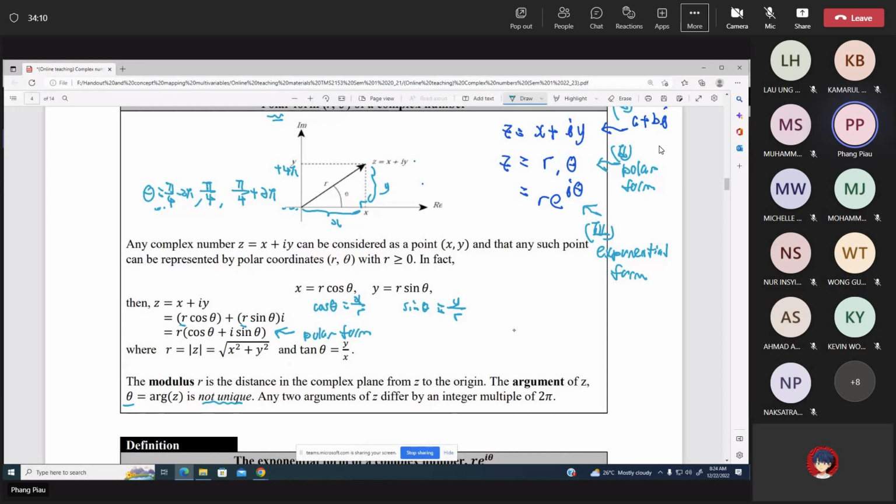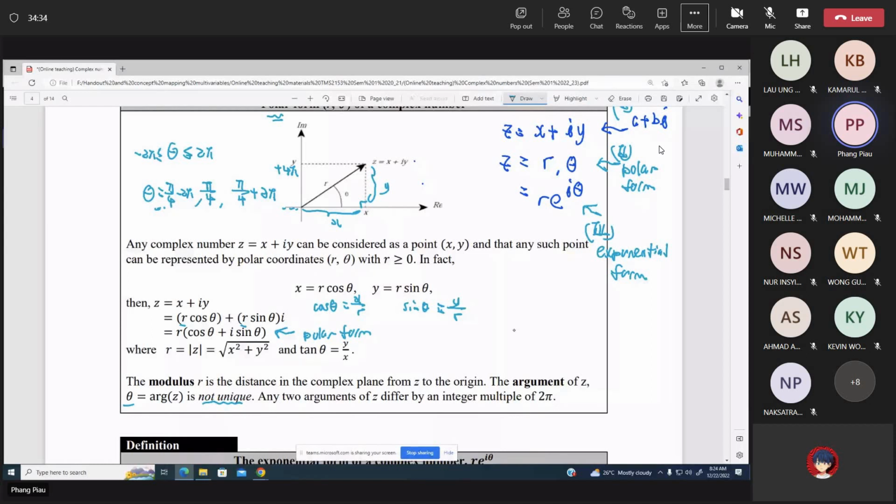The meaning of that is it is not unique. You can have different values, but of course, the easiest one is to choose any theta between negative 2 pi and 2 pi. Don't go beyond that, don't give some value which is very big.